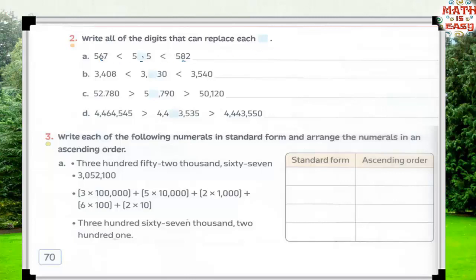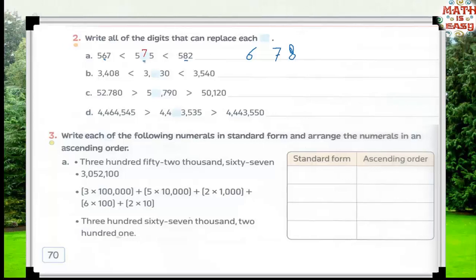So you want to write a number that should be more than 6 and at the same time less than 8. After 6 we have 7. If we write 6, 7, 8, after 6 we have 8. That means 7 is less than 8 and more than 6. The answer here is 7.